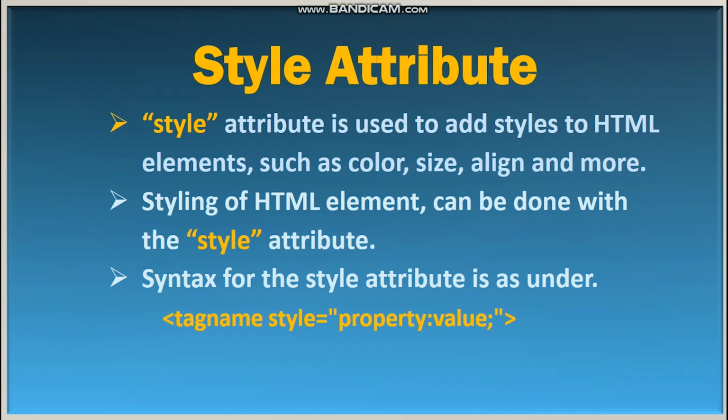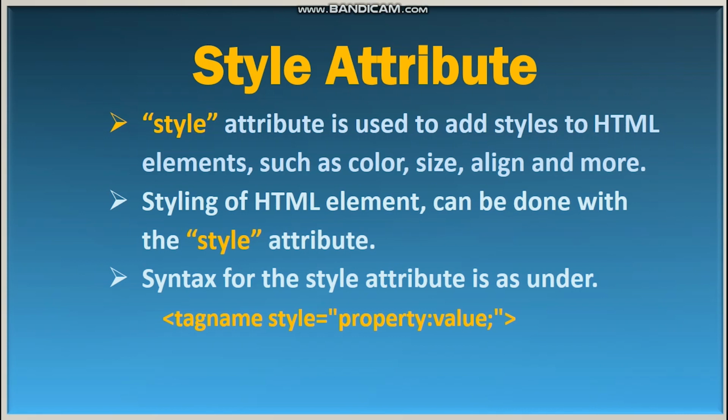So how to write style attribute or properties in HTML? This is the way to use the style attribute in our HTML. Here is the syntax. First of all, we write the element on which we want to apply the style attribute. For example, we want to change the color of a text or paragraph.